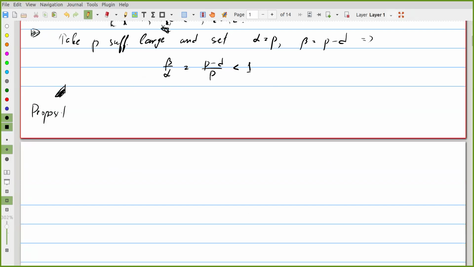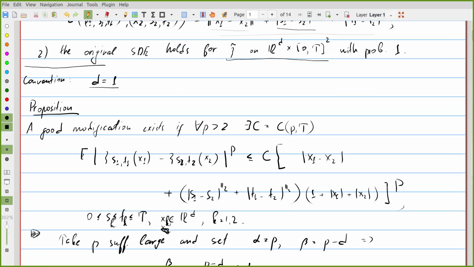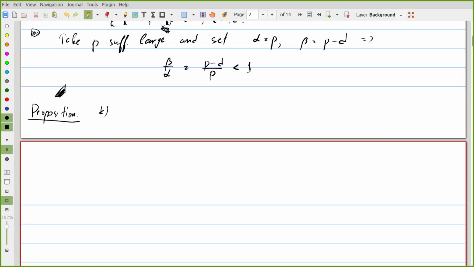By the previous proposition, it is sufficient to prove that the estimate, which I will denote by star, holds. Now, let's do it in a number of steps.